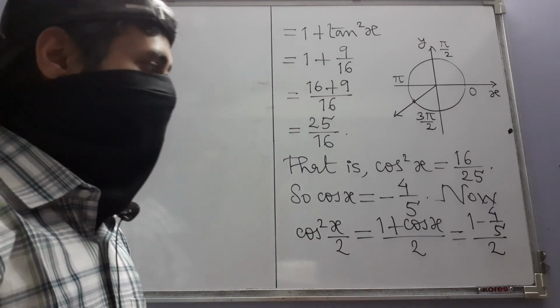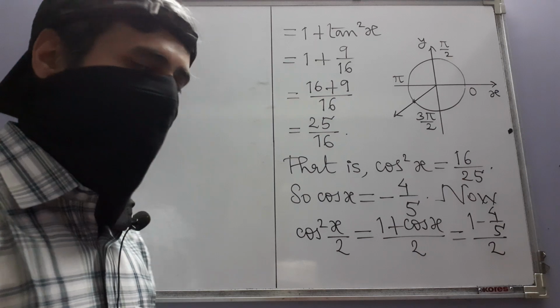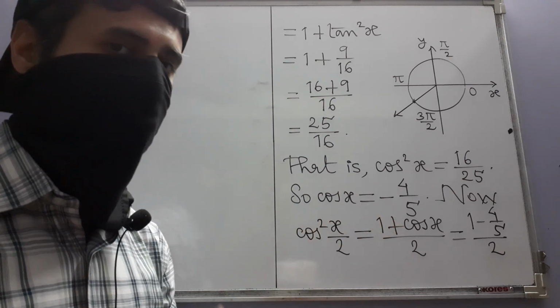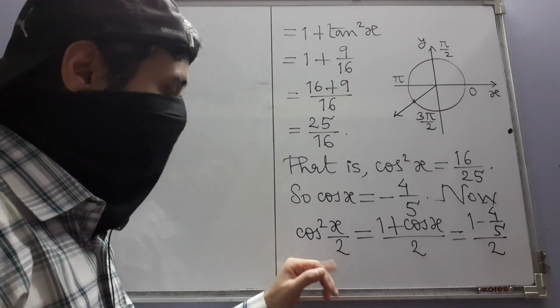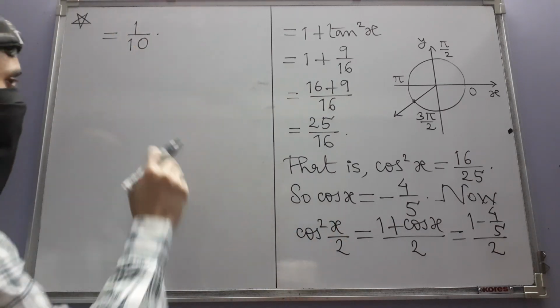But now we again have to be careful. The next step is to find cos x divided by 2. That means you will take square root on both sides. But what will be the sign? So at this stage we again go back to what is given.